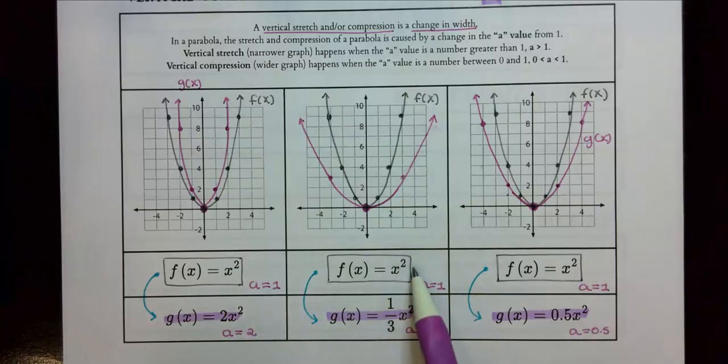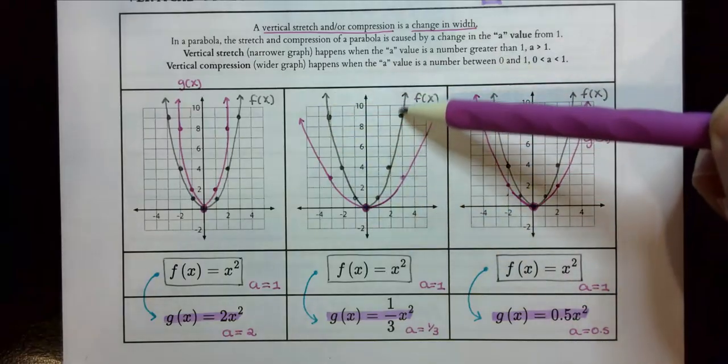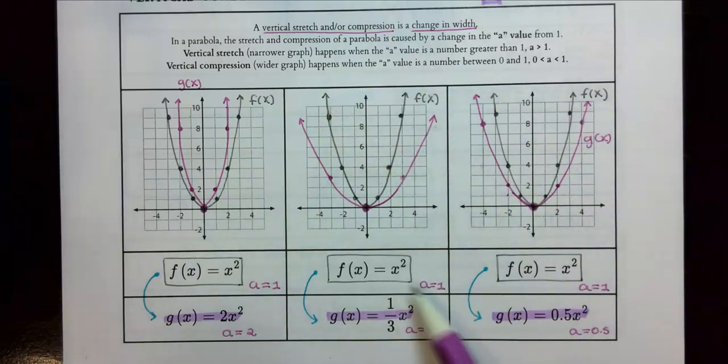All right, let's look at the next example. Notice that this is our same parent function. We're using the same points and the same graph for our parent function. We said that a is positive 1 because it's that understood 1 right here. But notice what we're comparing it to: an a value of 1/3. Now 1/3 is not greater than 1, it's less than 1, but it's not negative.